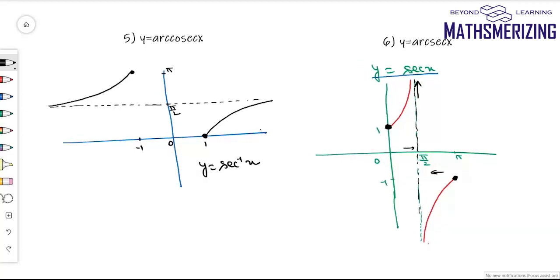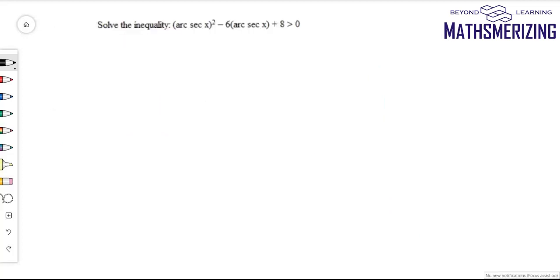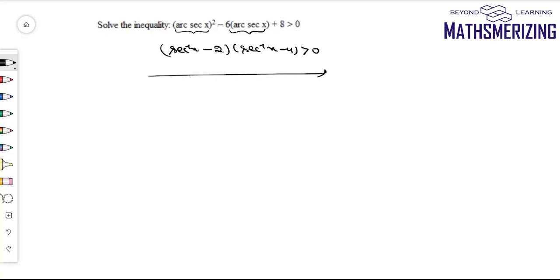Now let us take a question. Suppose the given question is (secant inverse of x) whole square minus 6 secant inverse of x plus 8 greater than 0, and I need to solve this inequality. So I can factorize it. If I put it on a number line, this is 2 and this is 4.